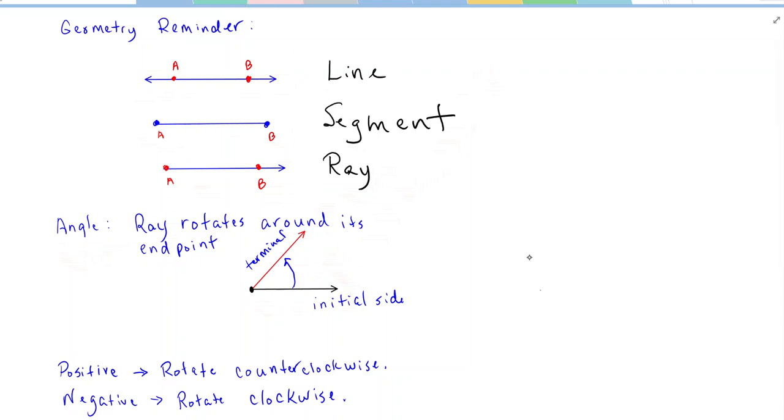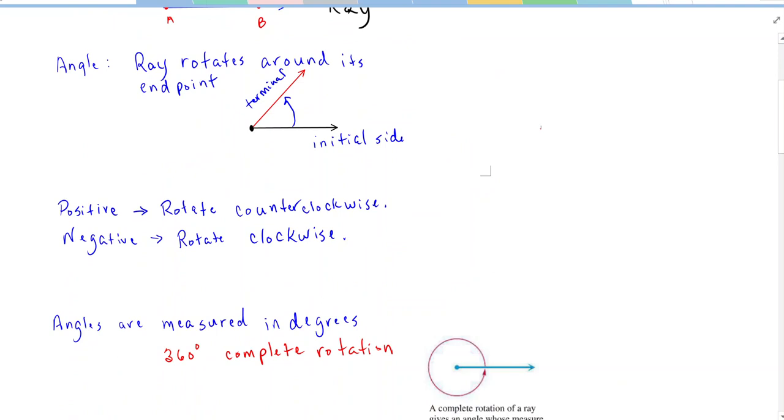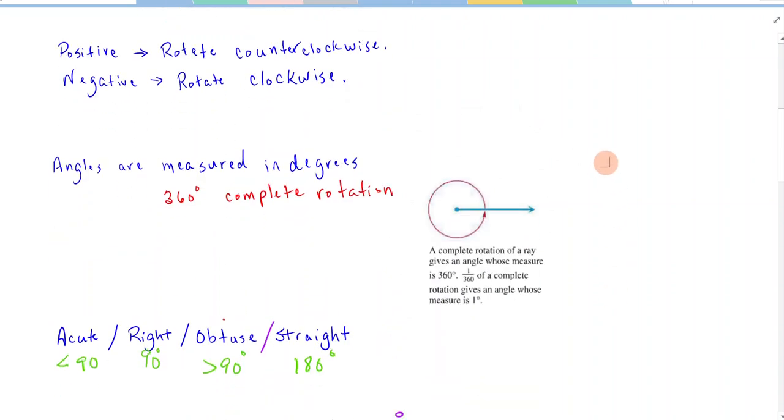Now, when we talk about angles, we talk about positive angles, which rotate counterclockwise, and negative angles, which rotate clockwise. So we need to remember that distinction. Angles are measured in degrees, and if you go a complete rotation, you start here and go all the way around, you've gone 360 degrees. So we need to remember that.